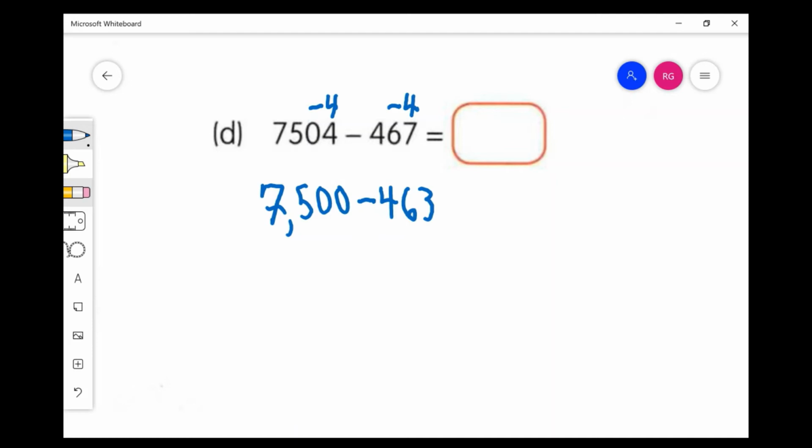So then we know that it's going to be 7,000. And then you could think, well, 63 plus 37, that's how I would do it in my head. I know that that is going to be 7,037.